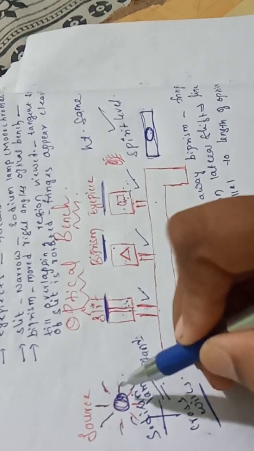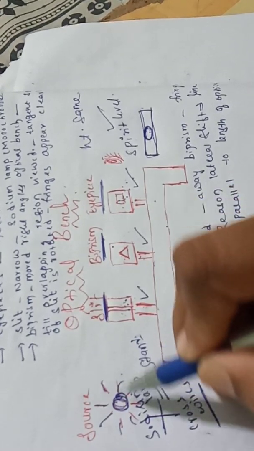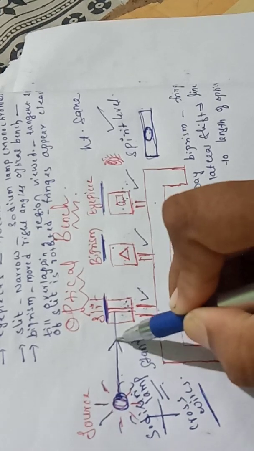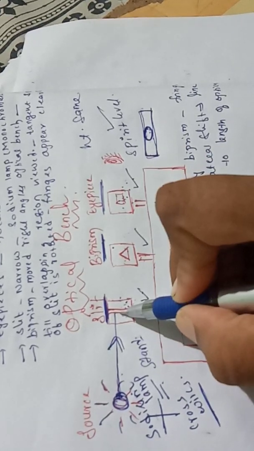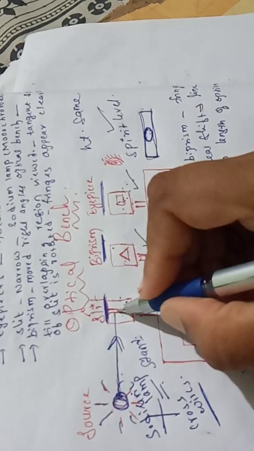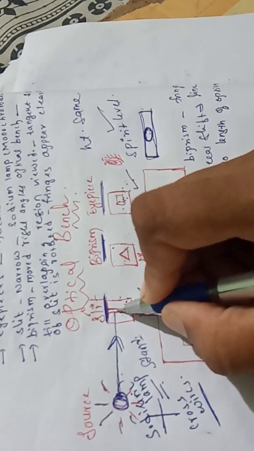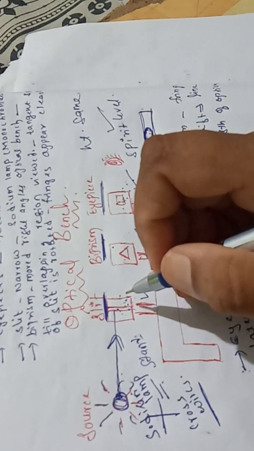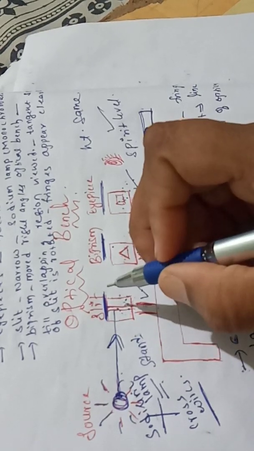After that we will allow this sodium light to be incident on this slit. Now why we are narrowing the slit: to produce a parallel beam of light.